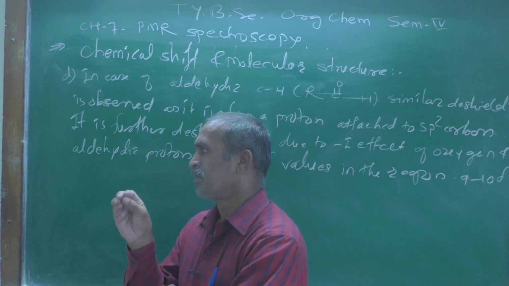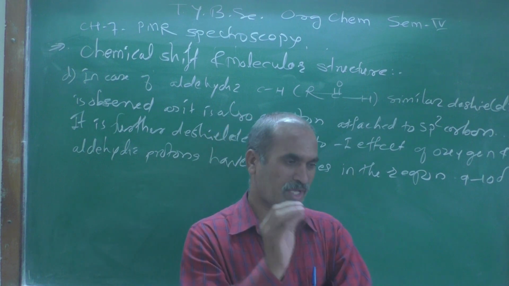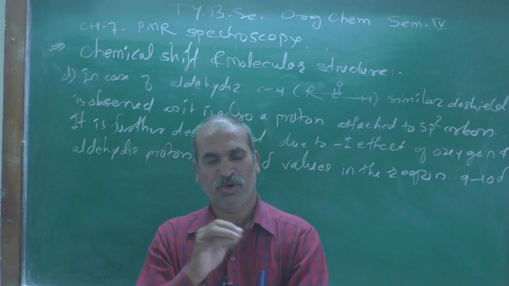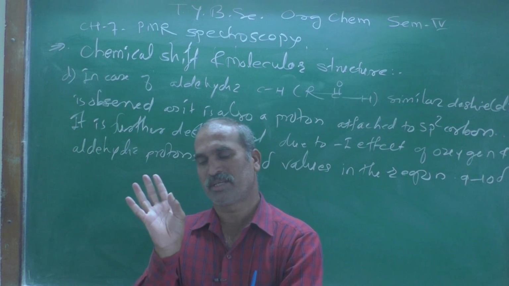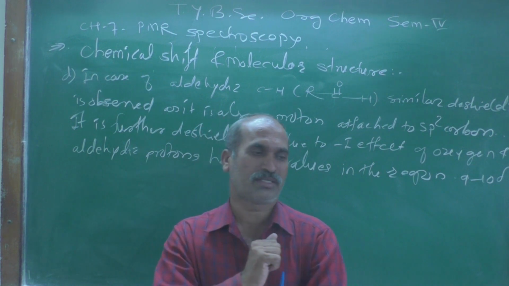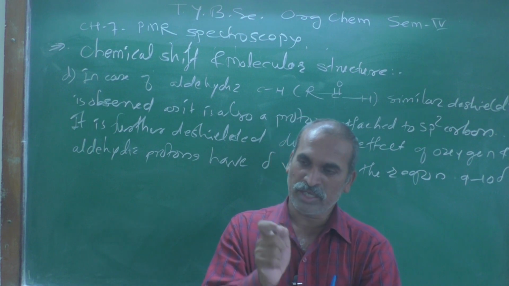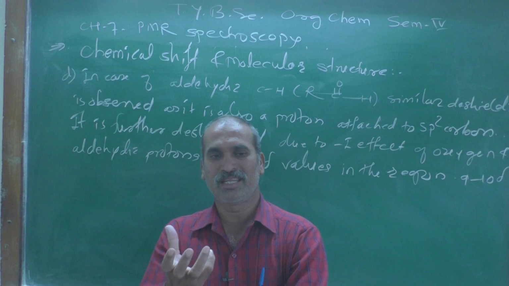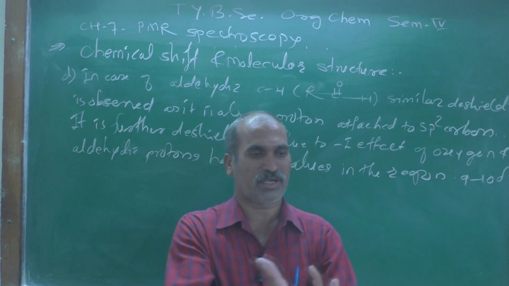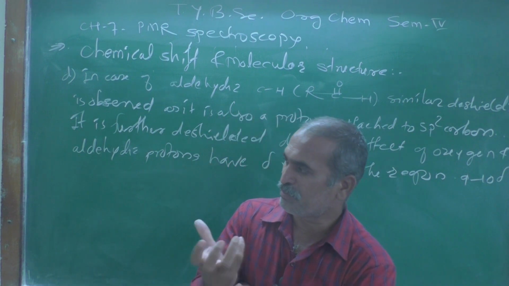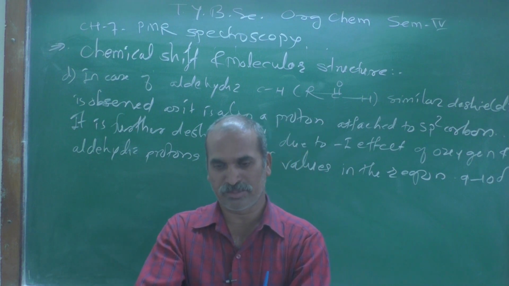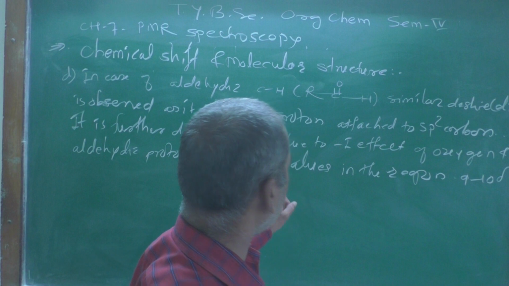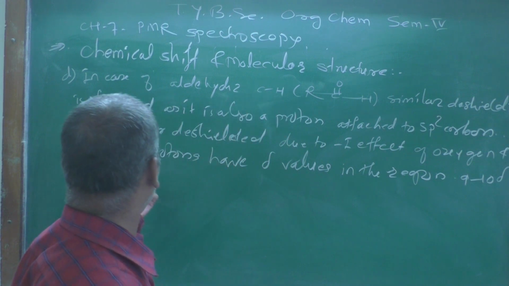Aliphatic, saturated protons appear around 0.9. So from knowing the chemical shift value, we can easily identify what kind of protons are present in the organic compound. That is the basic thing you should remember here.